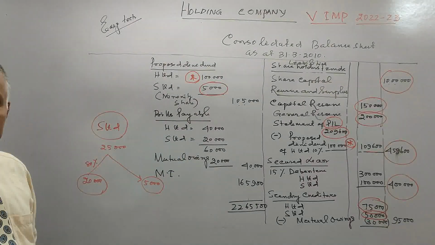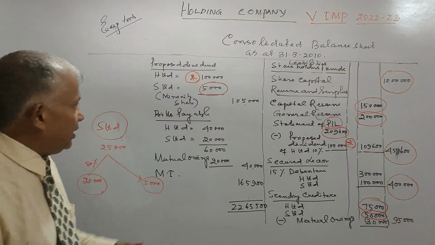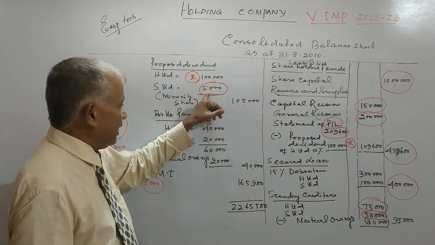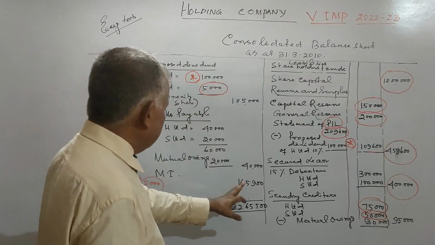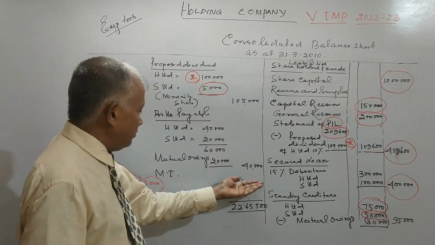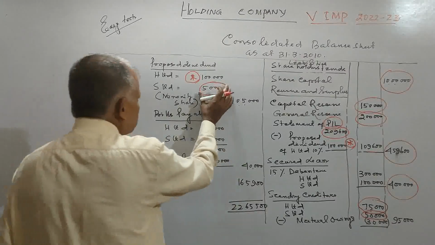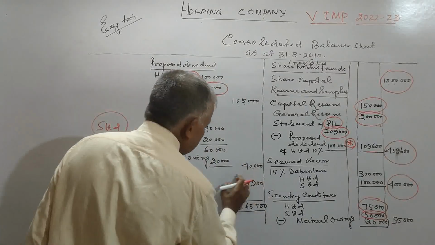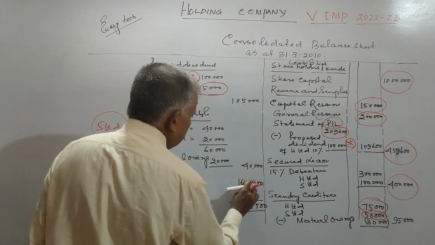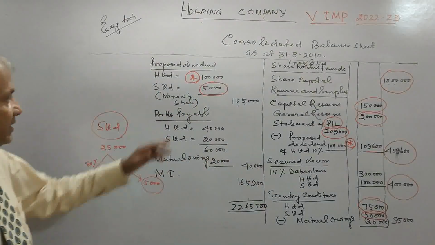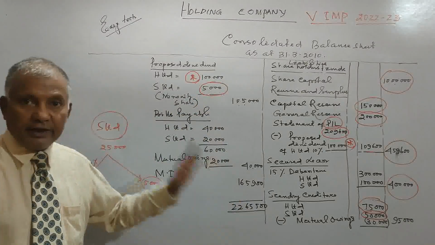Suppose we do not deduct the 5,000 from the minority, then we need not add 5,000 here. In this case, the minority will increase by 5,000, and it will be 1,70,900. Either way you can do it.